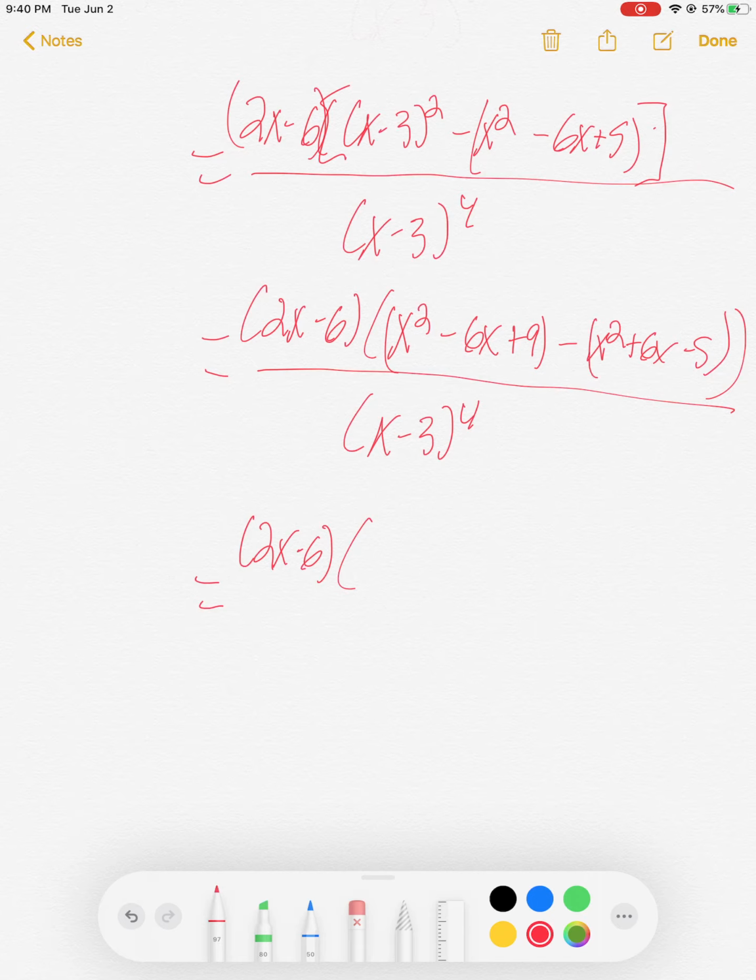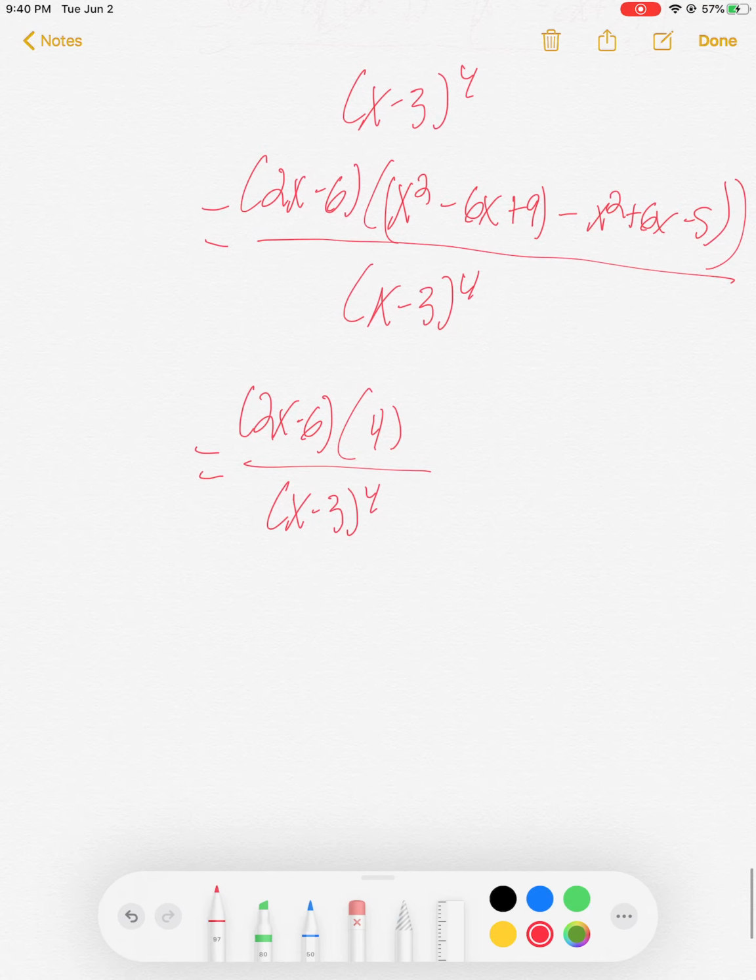And then that's 2x minus 6. Because now look at this cancellation in these parentheses. I've got x squared's canceling and 6x is canceling. So I've got plus 9 minus 5, so this is just 4 over x minus 3 to the 4th.